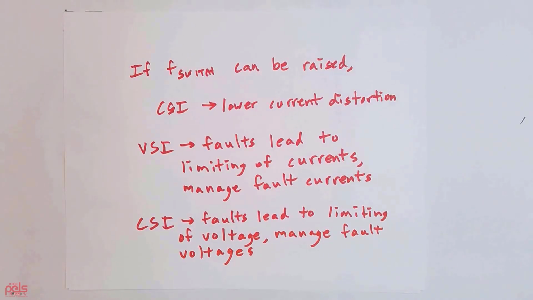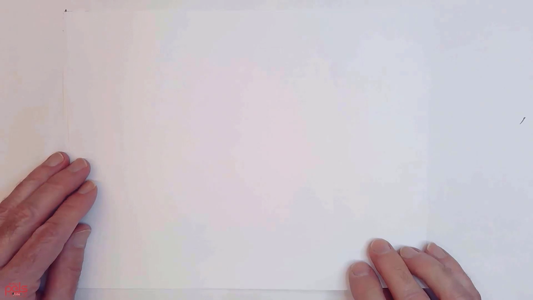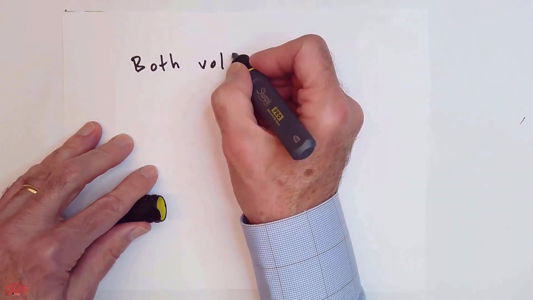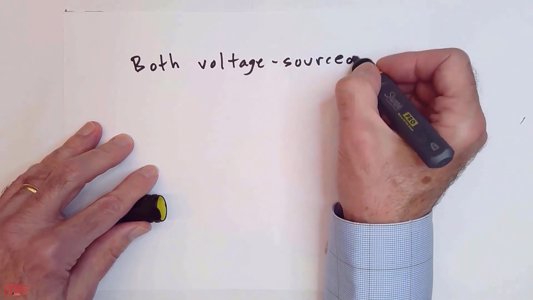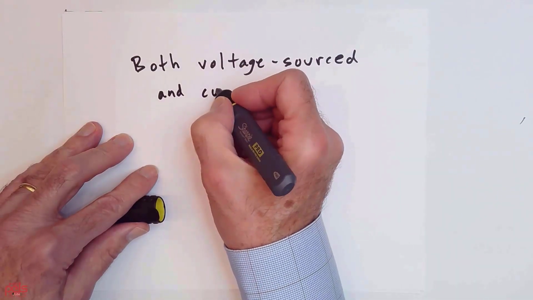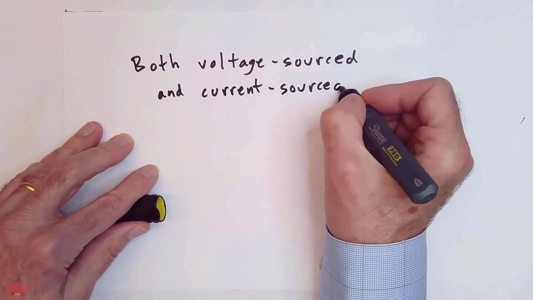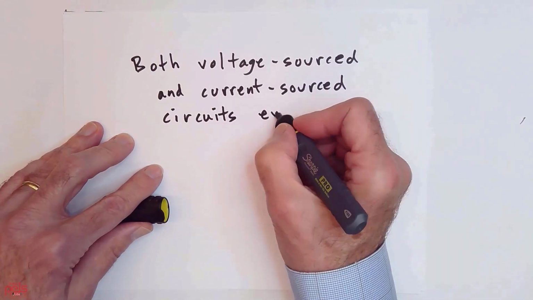So the bottom line, and I think what I'd like to pretty much end with here, is that duality and just basic topology of inverters mean that there are both of these voltage sourced and current sourced circuits. Obviously, they both exist.